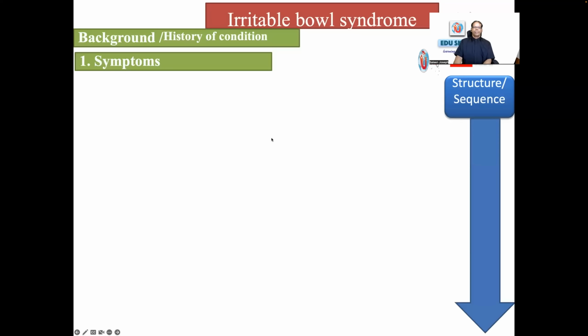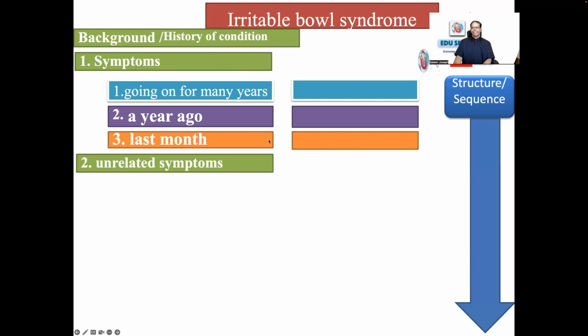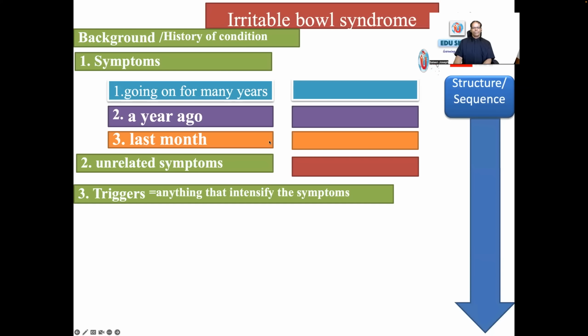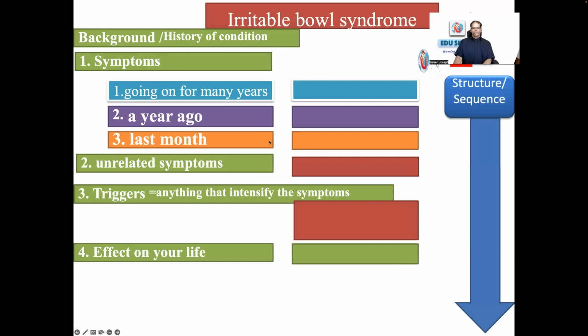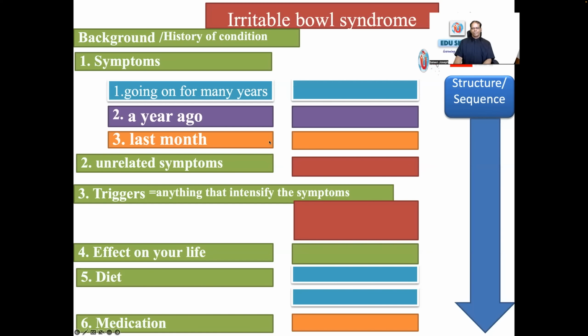Okay, structure: background, history of condition, symptoms. Okay, going on for many years, a year ago, last month. Unrelated symptoms, triggers, now effect on your life, diet, and medication. Now you are going to listen again with this schema in your mind. Okay, this outline in your mind.